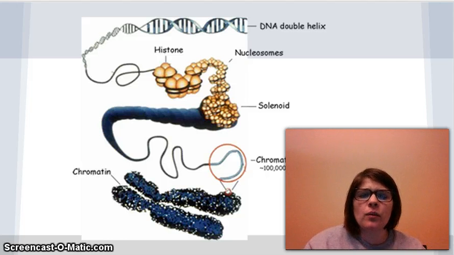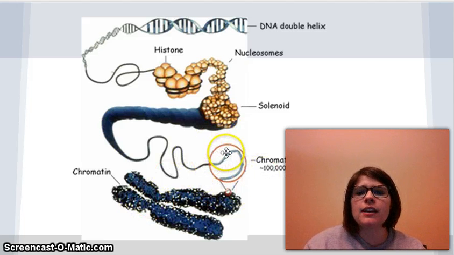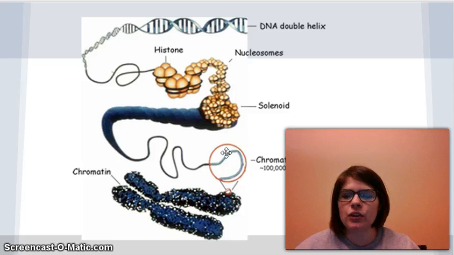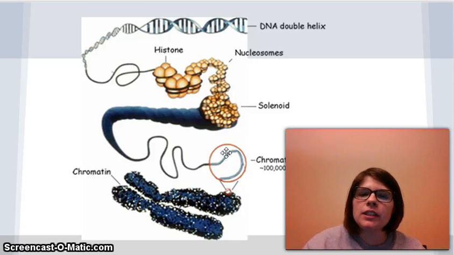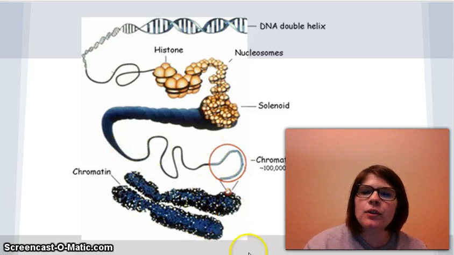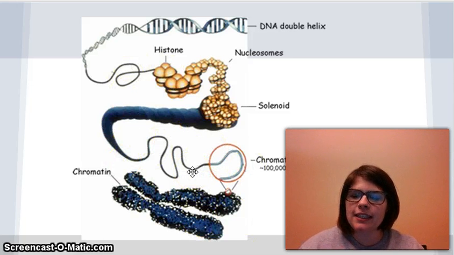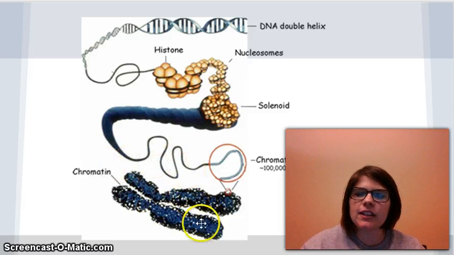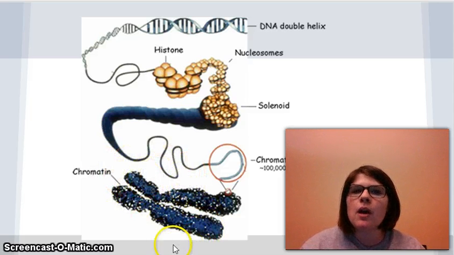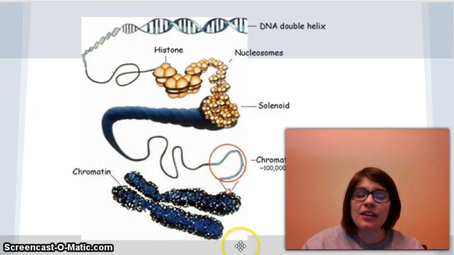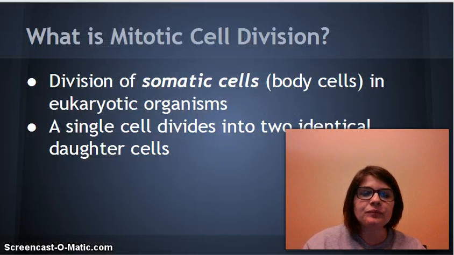But let's look all the way at the bottom here. At the bottom here, it has a chromatin loop. You don't necessarily need to know that, but what you might want to know is this unwound portion of DNA is our chromatin. So chromatin is fairly important, and when we wind it all up, we get a chromosome. So remember, that's connected by a centromere.